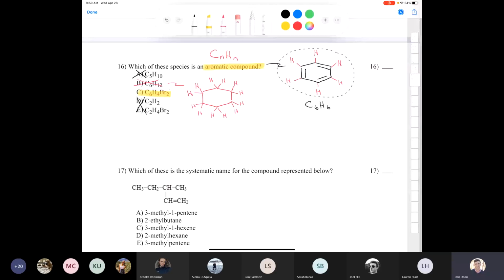Look, if I take this molecule and replace these 2 hydrogens with bromines, for example, it's still an aromatic compound, isn't it? But now my formula is C6H4Br2. So the answer is C.